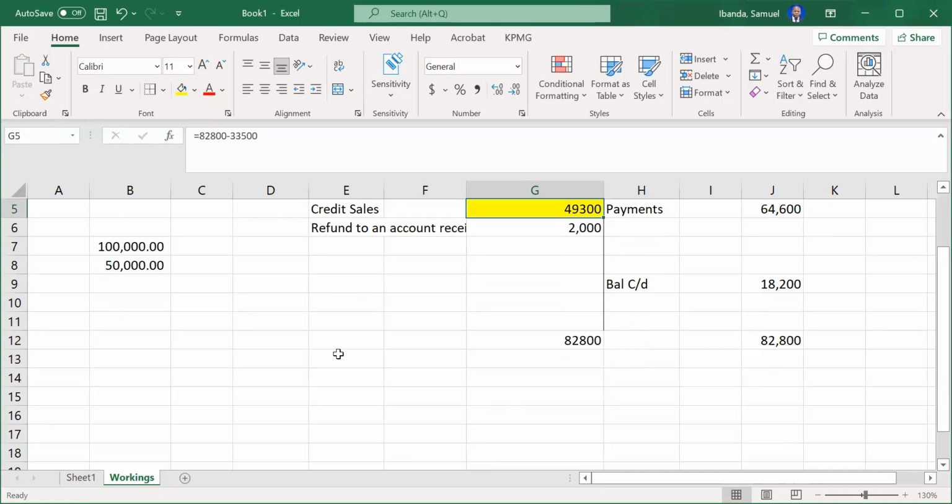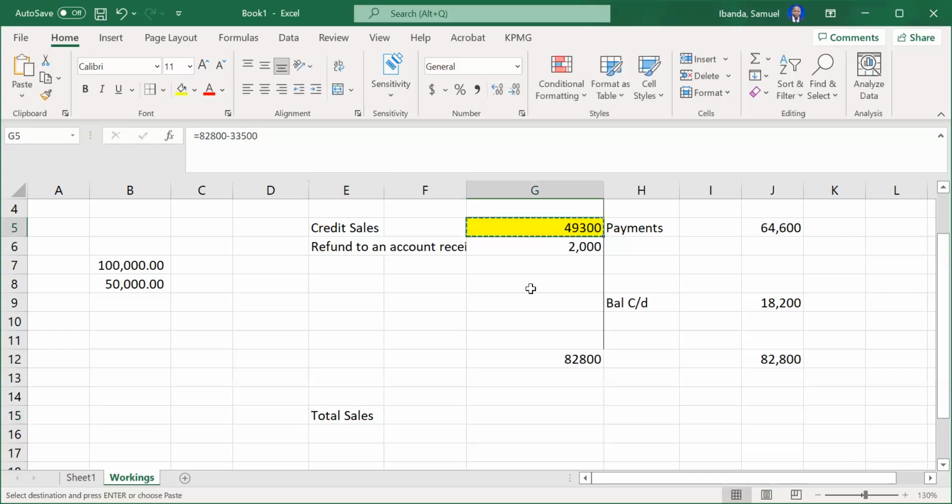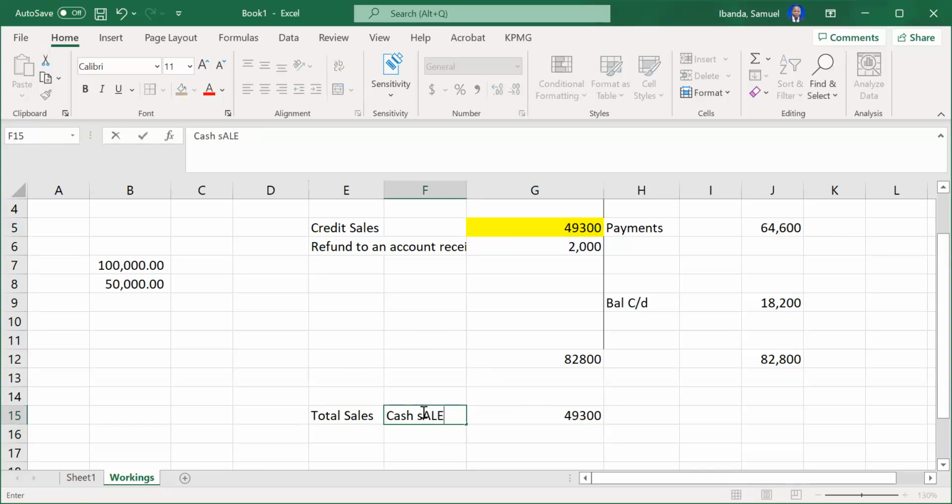Now this means that my total sales will be the credit sales plus the cash sales.